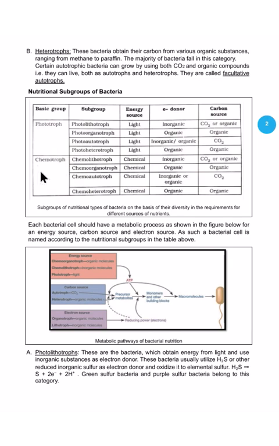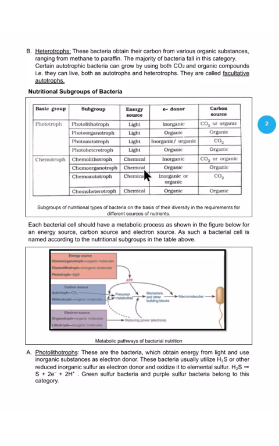Chemo, when you say chemo, that means they don't use light, they use chemical compounds. So they differ in the type of chemical compounds. For source of energy, they use chemical compounds. For electron donors, they use inorganic, and carbon dioxide or organic for carbon source. So these are chemolithotrophs.